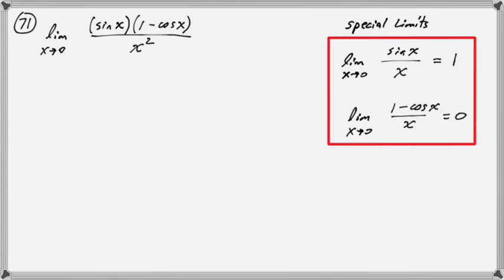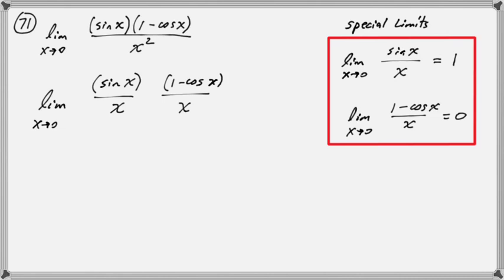So what I'm going to do is make these match those limits. So I have sine of x. On bottom, I have x squared, which could be called x times x. Do these match both of these limits now?